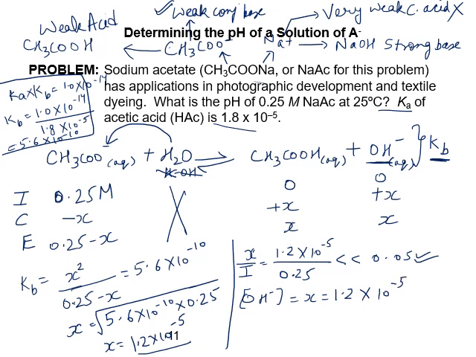So if I know my OH ion concentration, what can I do? I can go two ways. Either I can find pOH, and then the pH would be 14 minus pOH.